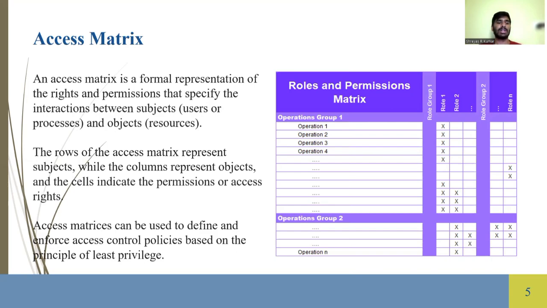The rows of the access matrix represent subjects, while the columns represent objects, and the cells indicate the permissions or access rights. Access matrices can be used to define and enforce access control policies based on the principle of least privilege. We can see the depiction of the access matrix in the given picture.